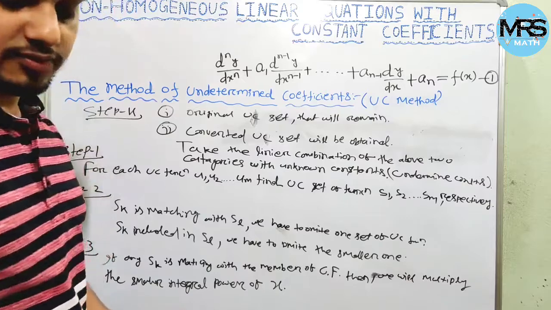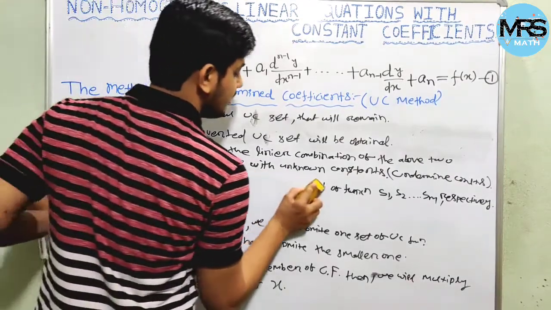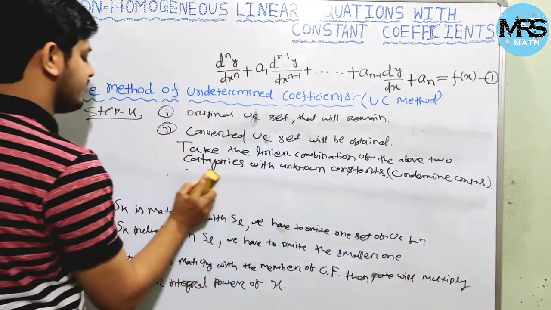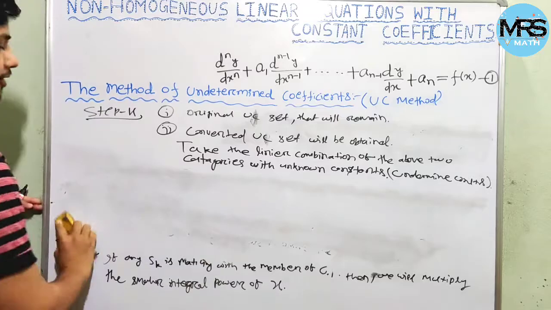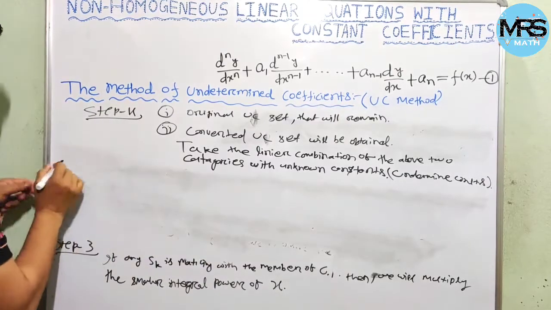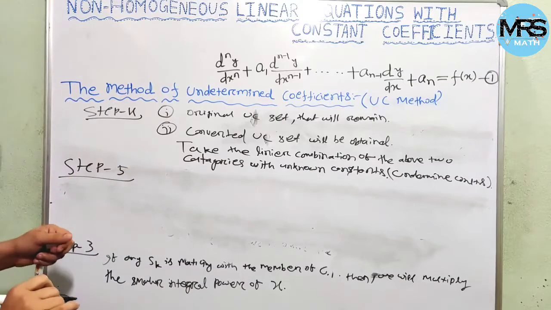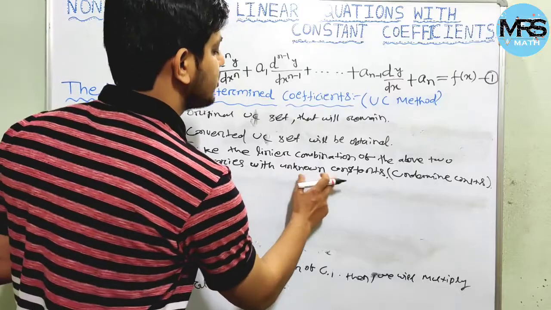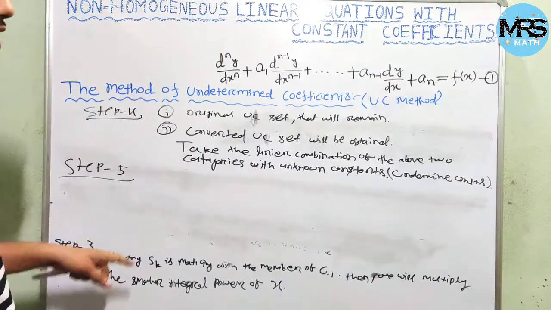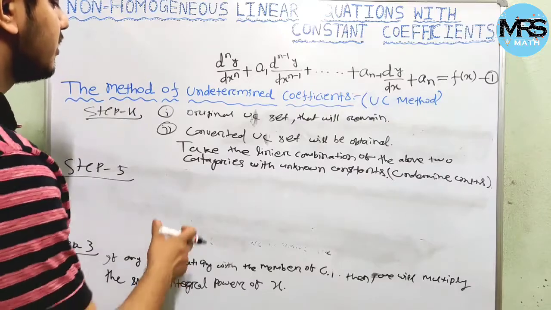Okay, if step 4 is over, now we will proceed to step 5, which is the last stage. In step 5, we have to find the values of these unknown constants, or unknown coefficients. How will we get them?